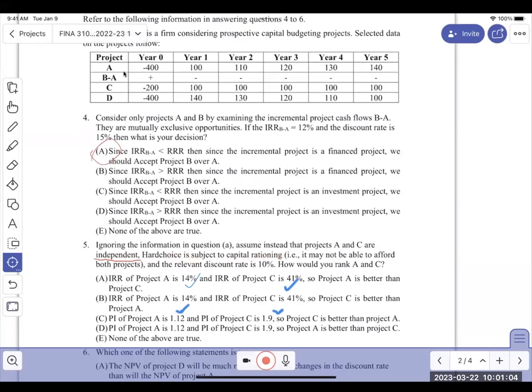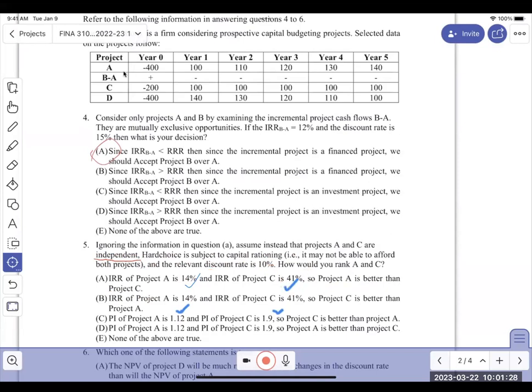But we do capital rationing. When we use capital rationing, we're supposed to go immediately to the profitability index. So yes, these were calculated correctly. We shouldn't be comparing them if they're independent. Independent just means, is this greater than the discount rate? Yes. Is this greater than the discount rate?